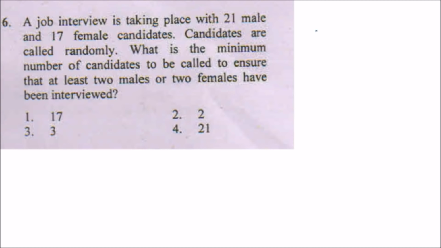In the worst case, one male and one female are interviewed first, so with at least 3 candidates called, we are guaranteed at least 2 males or 2 females. So the answer will be number 3.